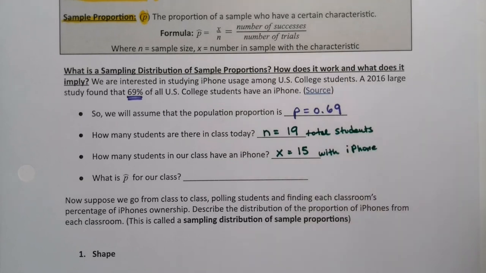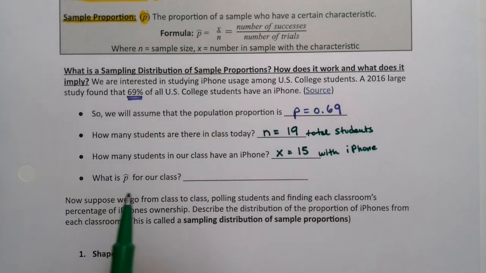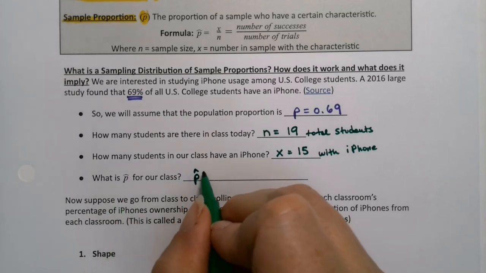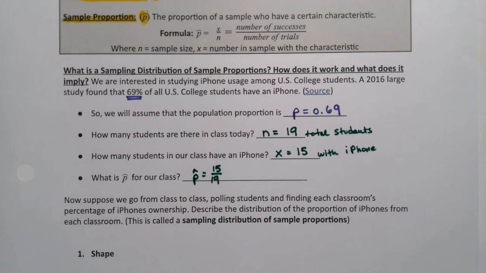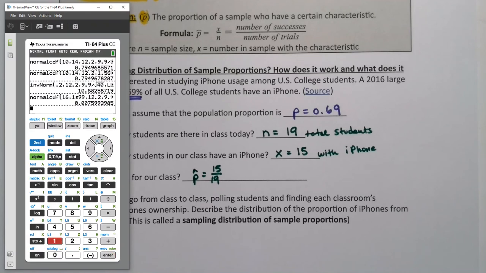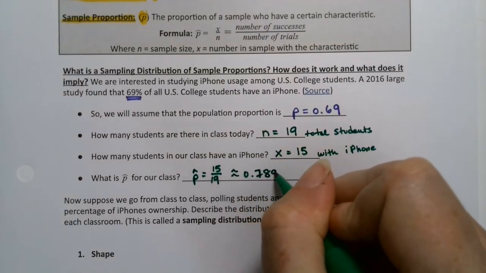They're just what you're looking for. We were looking for iPhones. So P hat is X over N. That's 15 over 19. Let me grab the calculator. 15 divided by 19 is 0.789.